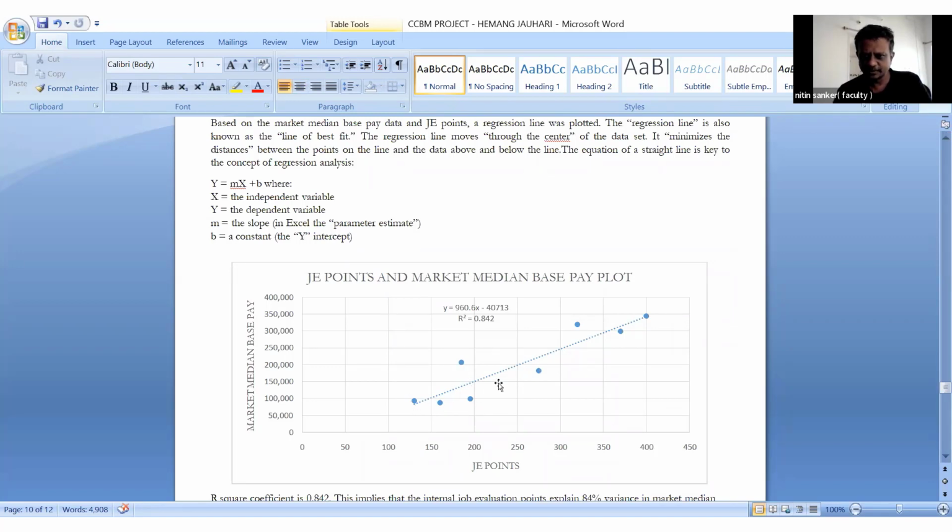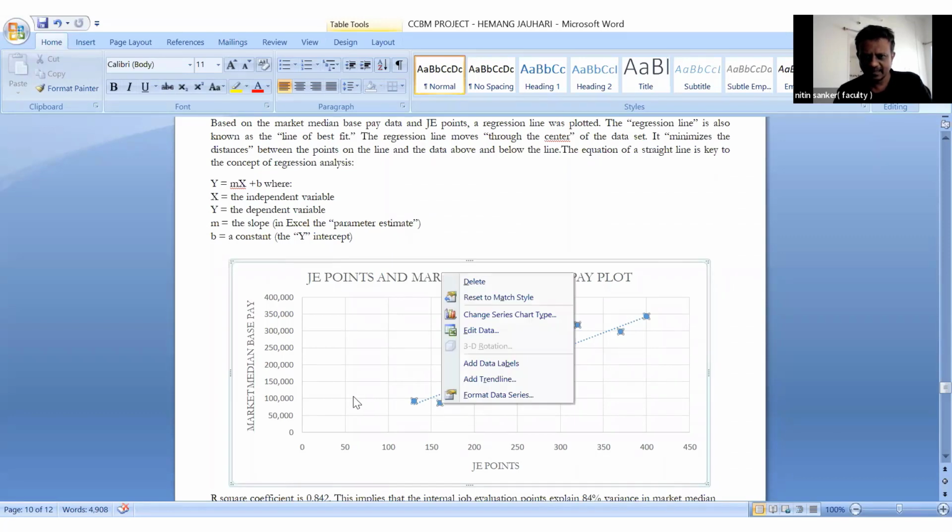We have points on one axis. Each of these 7 or 8 or 10 jobs has the market salary at the 50th percentile, normally, which is the median market salary, and the point value. So I've calculated point value for 20 jobs.